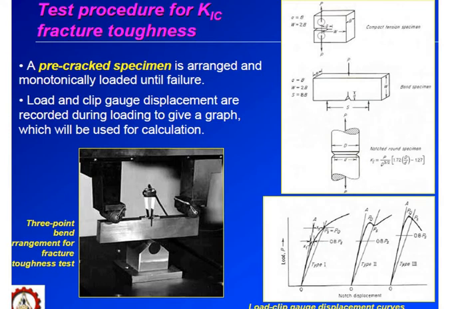Similarly for the bend specimen, A equal to B. In the diagram you can see A at the center. That is relating to our thickness, and this W is more or less equal to twice the thickness.